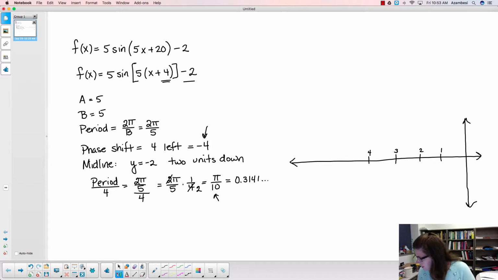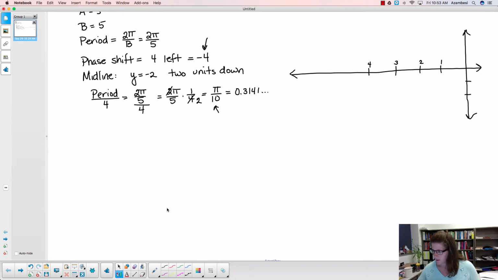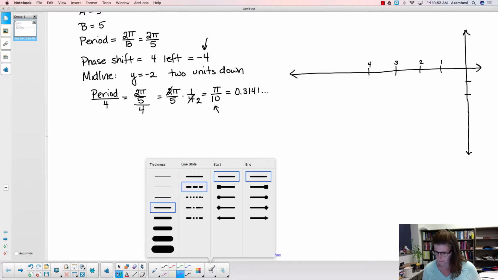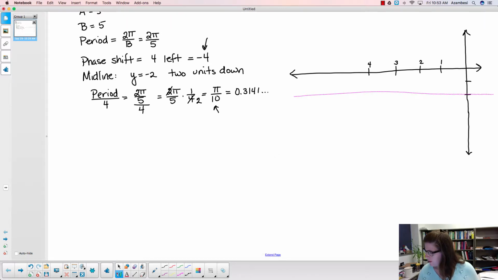For the midline, I'm going 2 units down. Ooh, and then I've got a 5 here, so let me extend this thing. Amplitude of 5 means that it's pretty tall. So my midline is at -2, which is here.